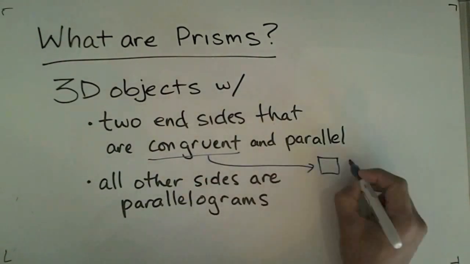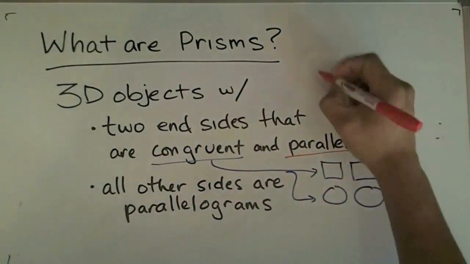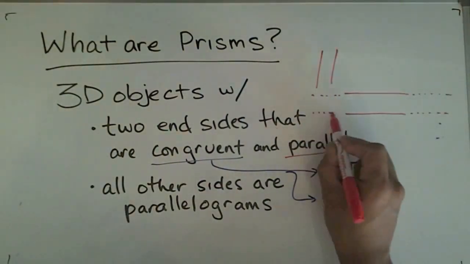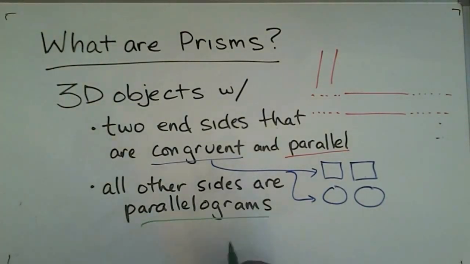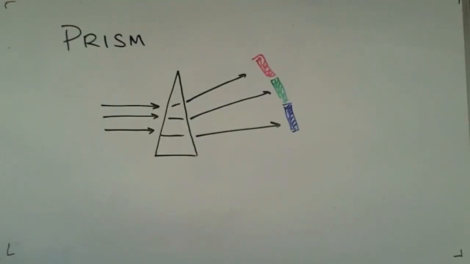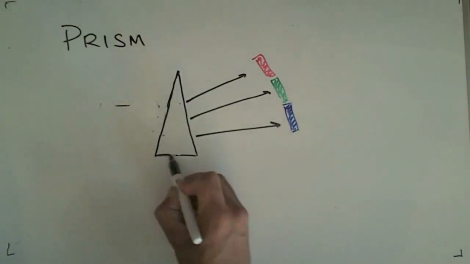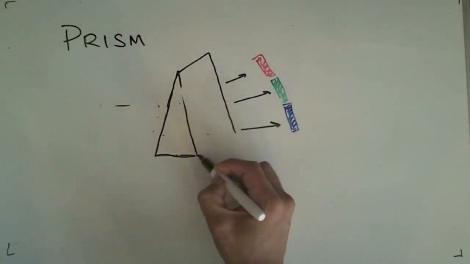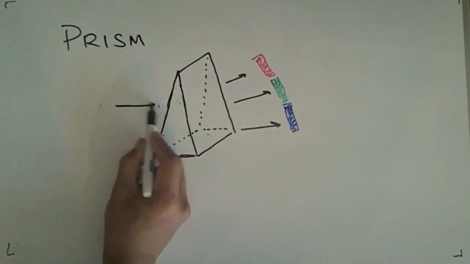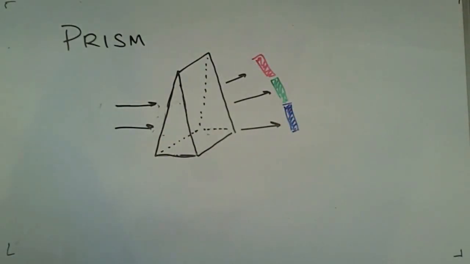Congruent means they're the same shape and size, and parallel means two lines that never touch, even if you extend them way out. Parallelograms are polygons that have opposite sides that are parallel. Going back to those prism objects from the beginning, these are actually 3D objects shaped like prisms. Surprise, surprise. They have opposite faces that are triangles, as you can see here.